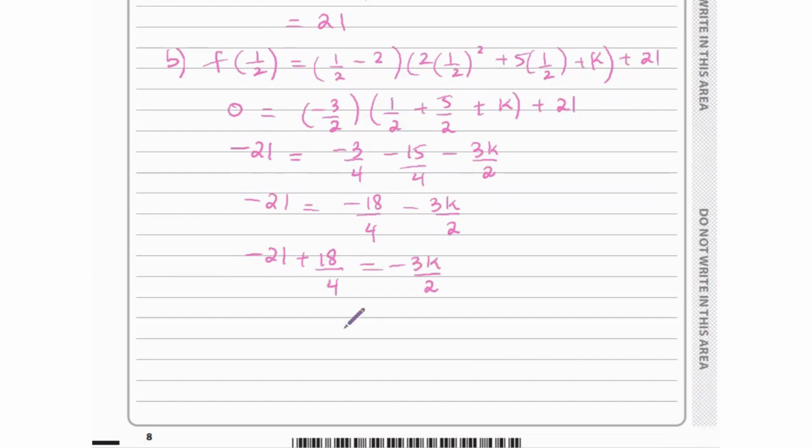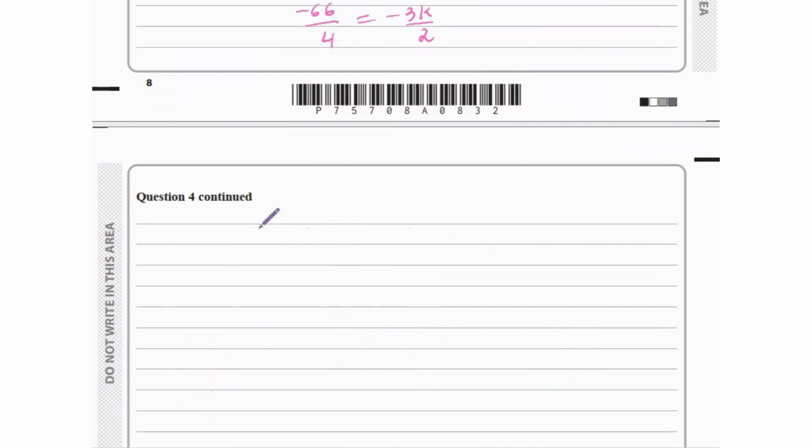So that's going to be negative 84 plus 18 over 4, which is negative 33 over 2. Cross multiply 2 divided by negative 3 equals to k. That's going to be 11. So 11 equals to k.